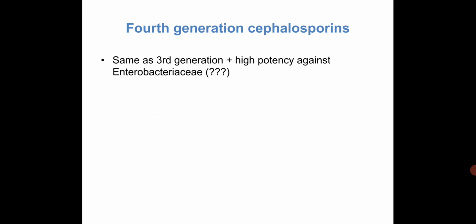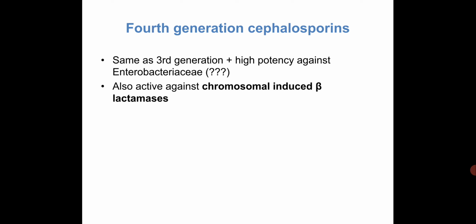Let's see the fourth generation cephalosporins. They have the same antimicrobial spectrum as third generation cephalosporins, but are more potent against Enterobacteriaceae. Why do they cover more spectrum? Because fourth generation cephalosporins are also effective if the microorganism produces chromosomally induced beta lactamase.